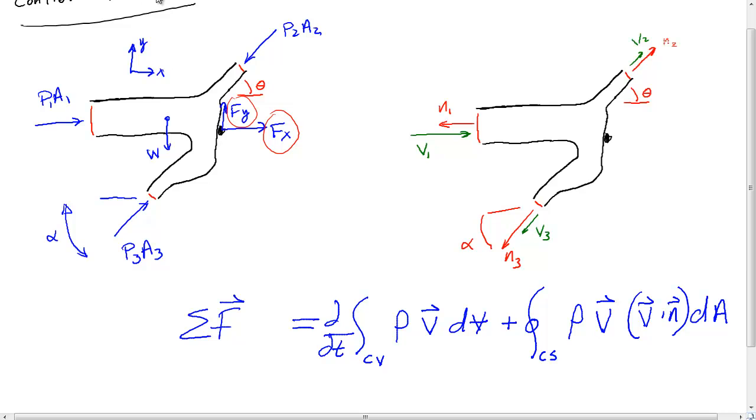Now, again, to reiterate, this is a scalar, and this term over here, I'll highlight in yellow the terms that deal with direction.